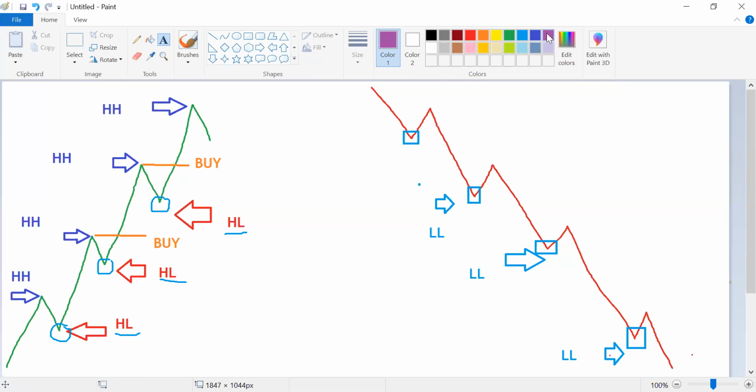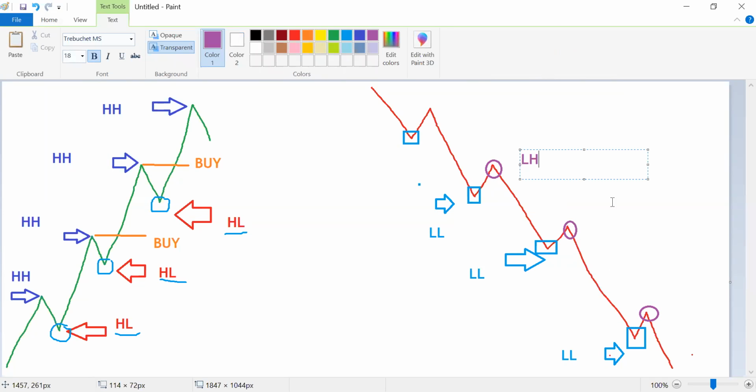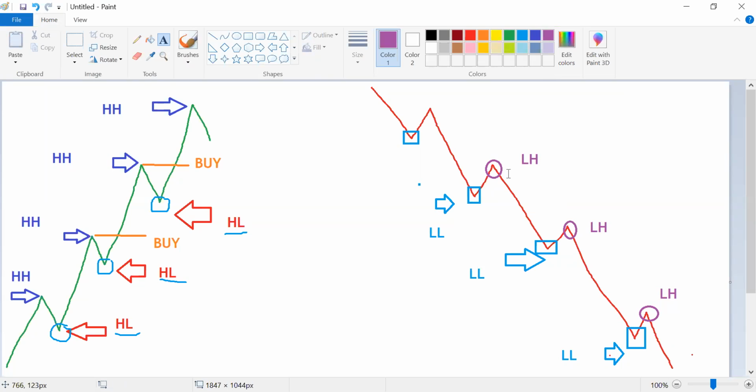Now, if you see on the high side, what is this making? Is it making lower highs? Are these not lower highs? Right? Is this clear? Downtrend is clear?